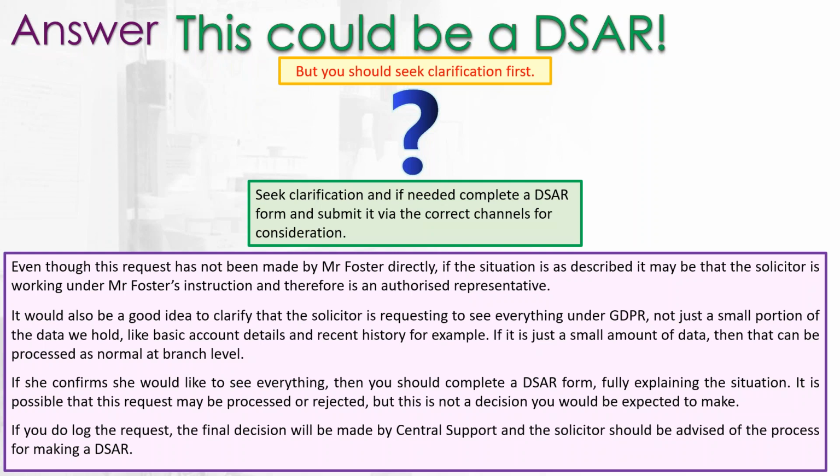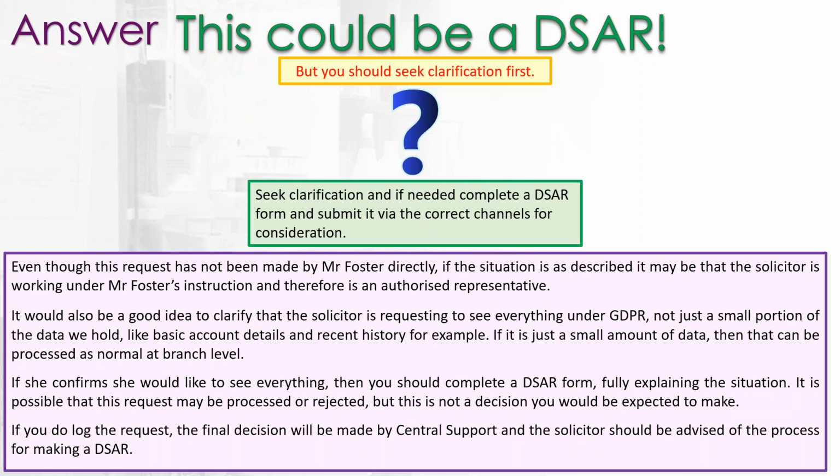As stated before, if they're not requesting to see all of the data we hold on Mr. Foster, it might be that we need to provide her with some smaller amounts of data which are not part of the DSAR process. It could be handled at practice level if she only wants to see, say, a recent history, for example, some recent payments, or the treatment history.